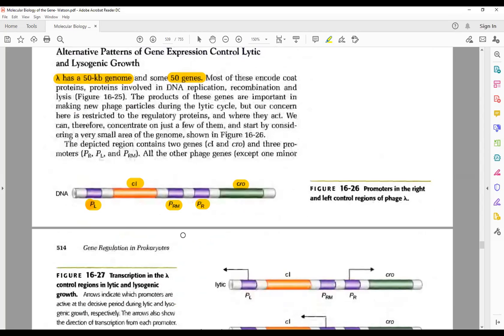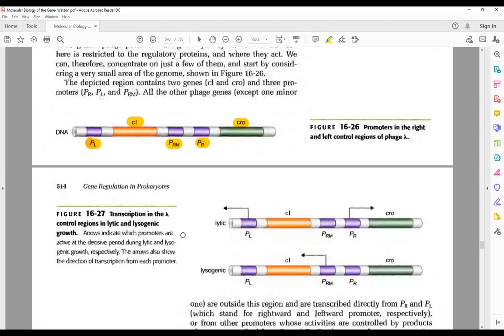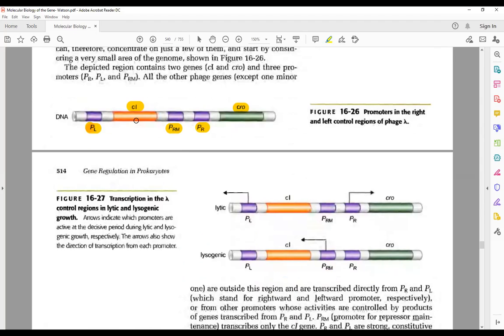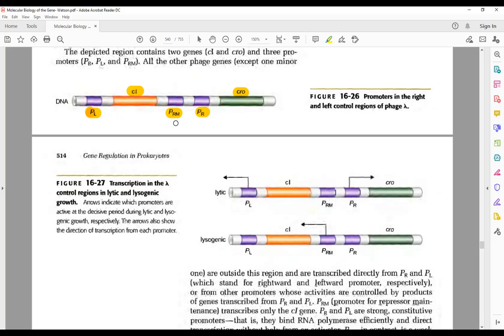Now, how does transcription take place? The process of transcription in the case of lambda phage or the lambda operon is regulated by 3 different promoters. The orientation of transcription is different in all 3 promoters.